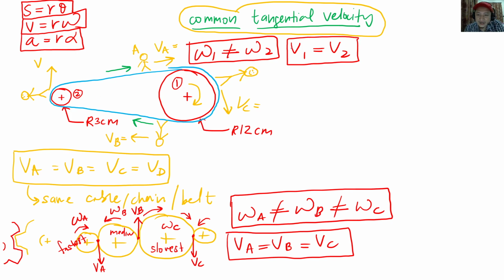What I mean by V1 is the tangential velocity. They share tangential velocity, okay?